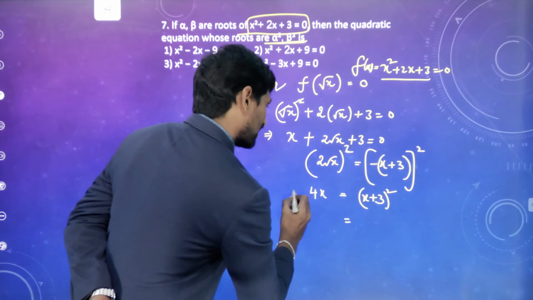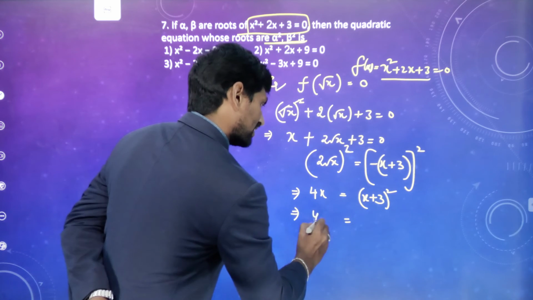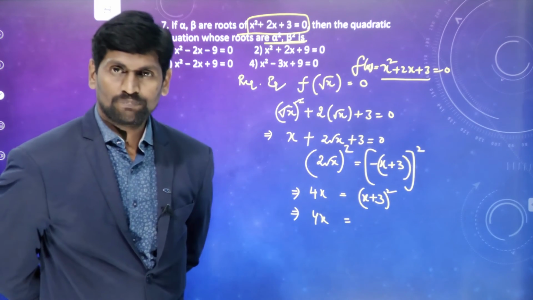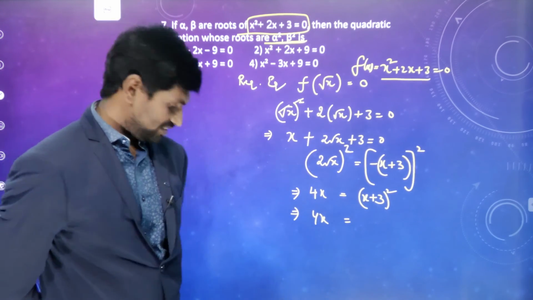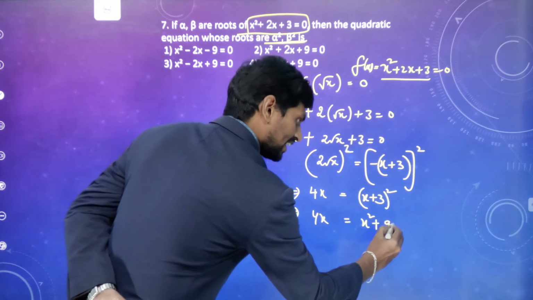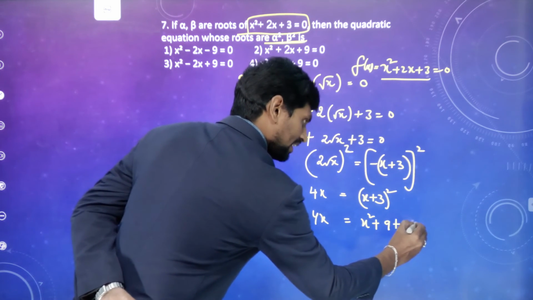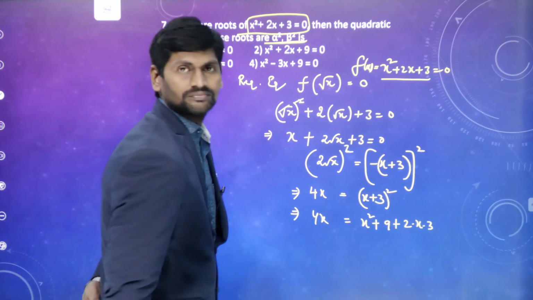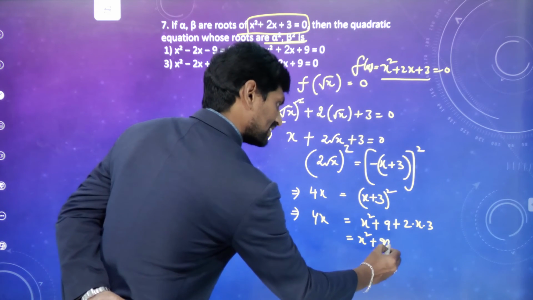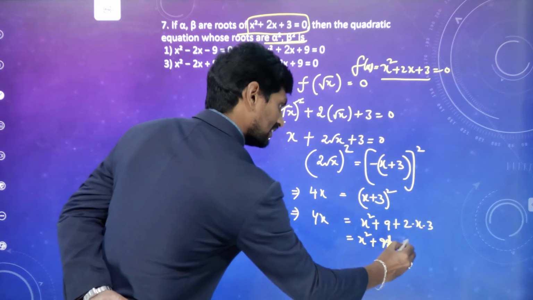Expand. Looking like the a plus b whole square formula, right? Tell me the a plus b whole square formula. Yes, a square plus b square plus 2ab. Same way, x square plus 3 square, value 9, plus 2ab. That equals x square plus 9 plus 6x.